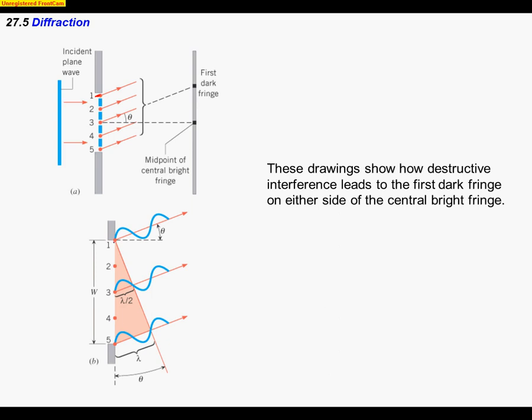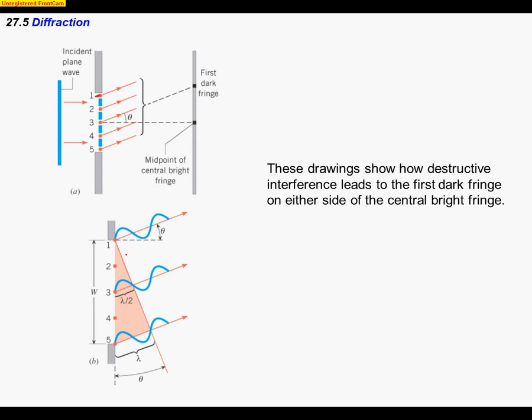And so if we look halfway down, we'll find a wavelet whose distance traveled is exactly half a wavelength. And so this one's going to interfere destructively with this one. And if we look at a point just below number 1, and we look at a wave just below wave number 3, those two will interfere destructively as well. And so on.